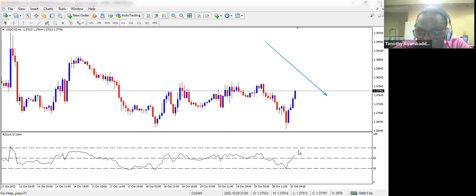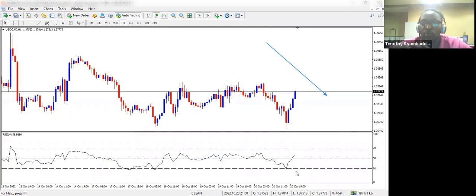If price is bouncing and trading above the 70 line, it is considered to be overbought. Okay, overbought above the 70 line. So those are two key terms as we use oscillators: overbought and oversold. And I'm going to show you how to use them very shortly.